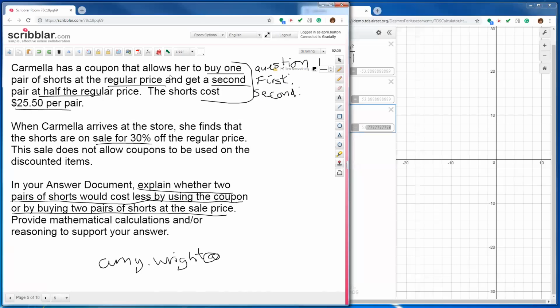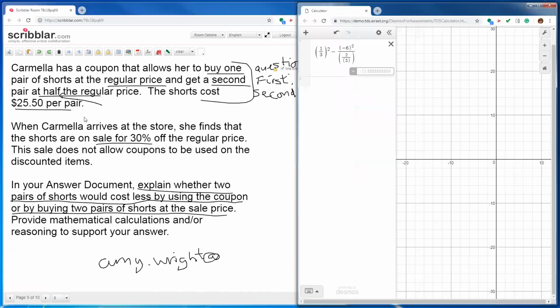So from the first paragraph, how much is the first pair of shorts if it's just at the regular price? It'd be 25.50. It's just the price they told you. So the second one is half off. How are we going to find half? What does the word half ask us to do? Divide.